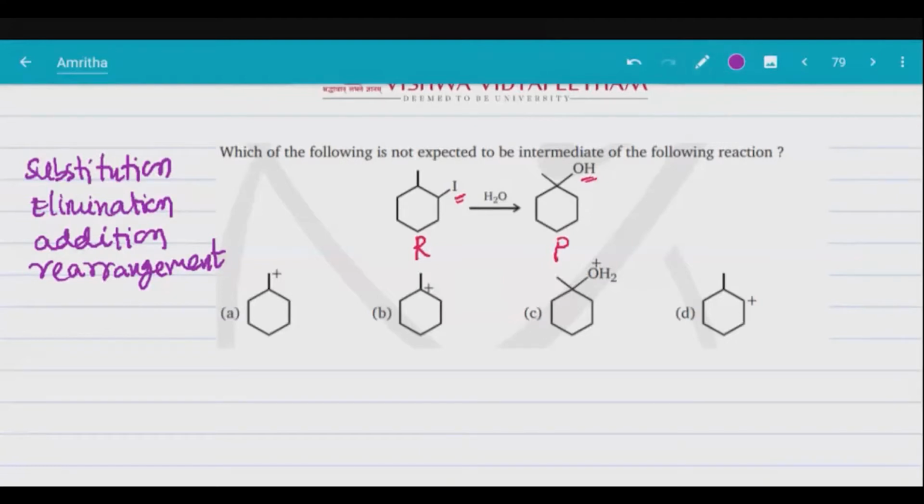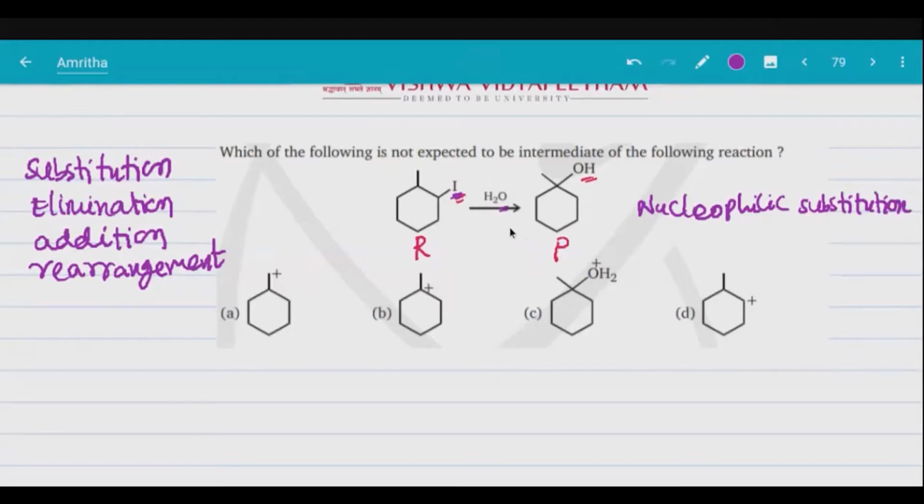See this? It is substitution, no doubt. This iodine is replaced with H2O, and this is basically nucleophilic substitution.